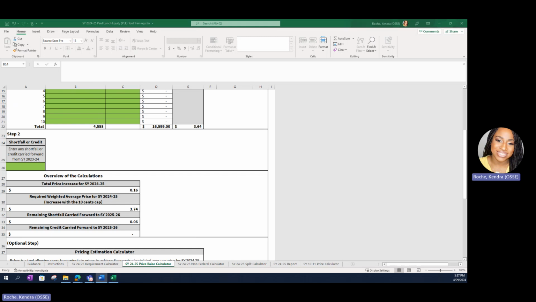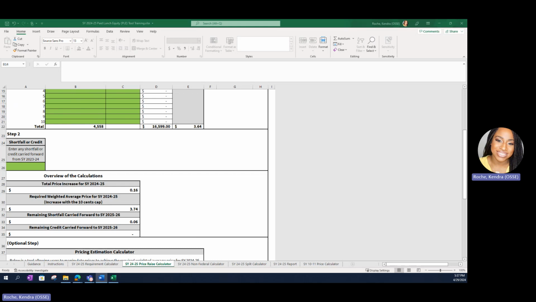However, they are only required to raise it by 10 cents. The second box shows the paid lunch price requirement if this SFA chooses to use the 10 cents cap. If the SFA chooses to only raise prices by 10 cents, the remaining 6 cents would be carried forward to the next school year, as shown in the third box.